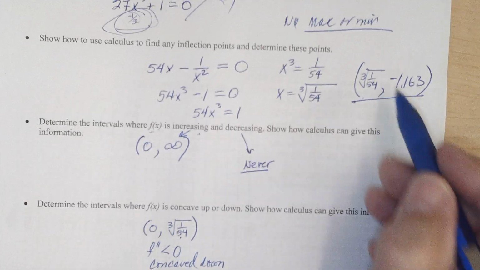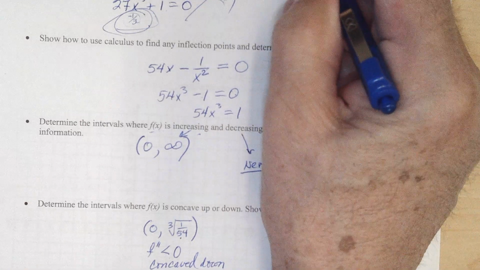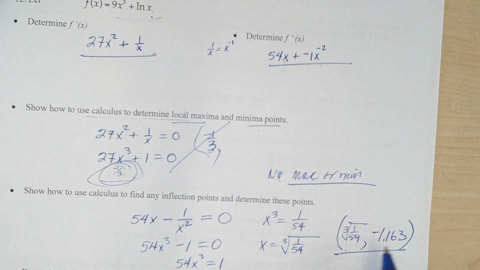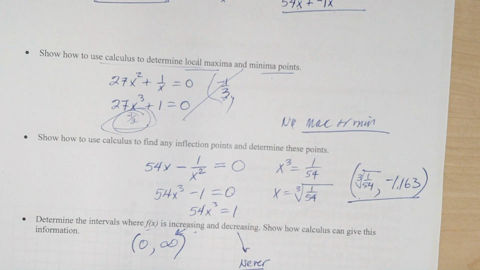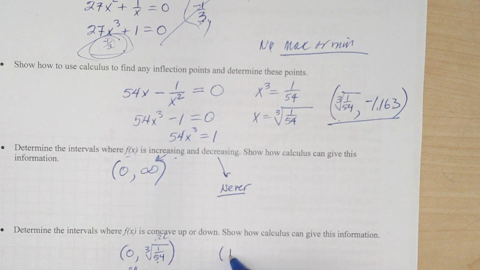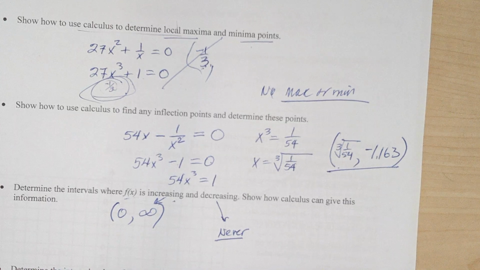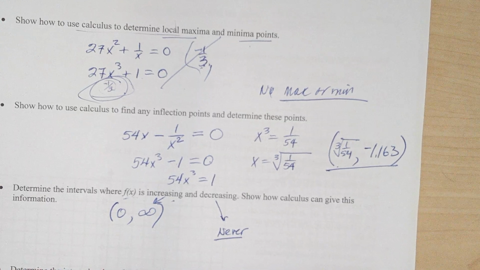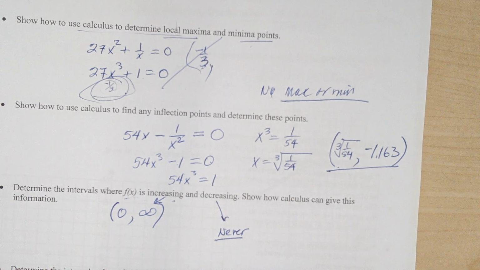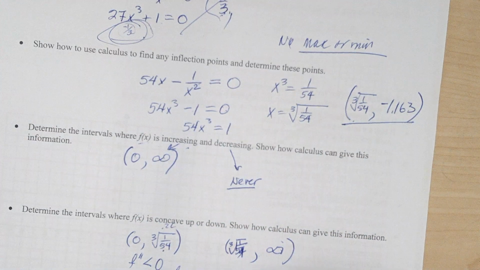And then I want to put something bigger, beyond this roughly 0.26, to find out whether it's concave down or up. Something beyond that would be something like 1. So it's going to go from the cube root of 1 over 54 to probably infinity. I'm going to check something in there by putting 1 in here. So that's 54 minus 1, which is 53.